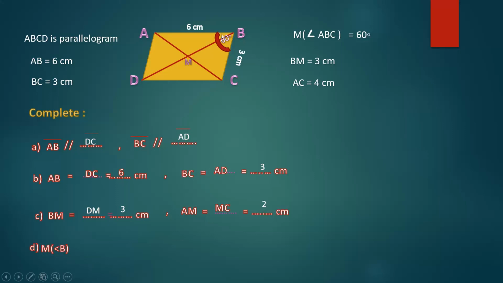Measure angle B equals the measure of the opposite angle, angle D, equals 60 degrees. Angle A is opposite to angle C, and they are equal. Measure angle C: we know that the sum of these angles is 180, so we subtract 180 minus 60 equals 120 degrees.